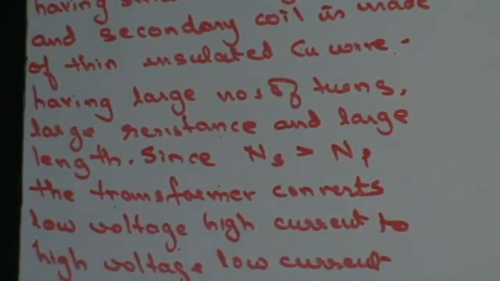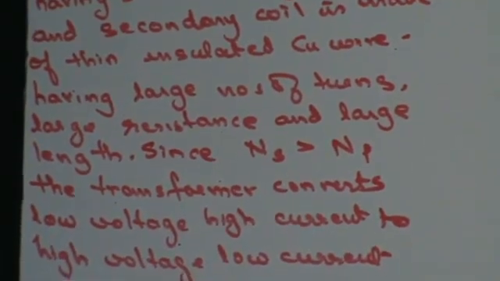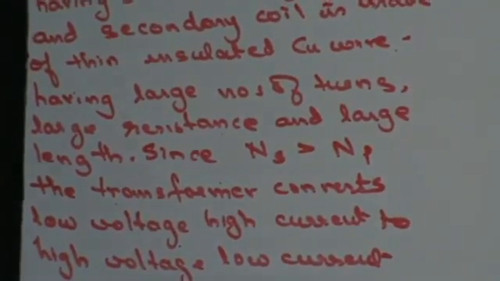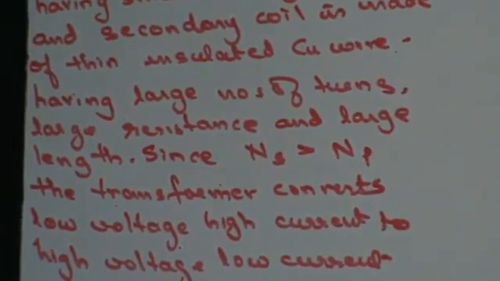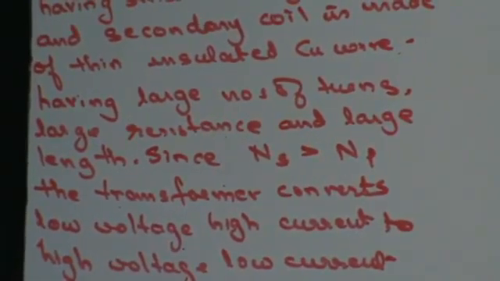Why low voltage to high voltage? Because we know that voltage is directly proportional to the number of turns. So as the number of turns are more, that is the reason why it converts low voltage into high voltage. That's the first type of transformer, which is called as a step-up transformer.